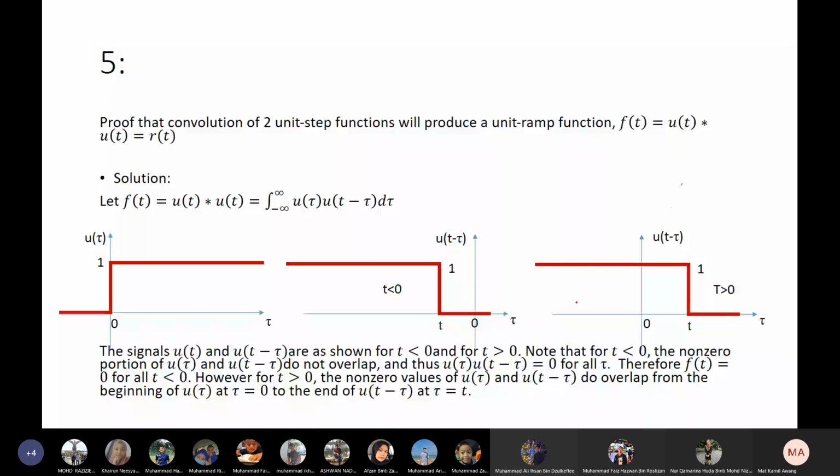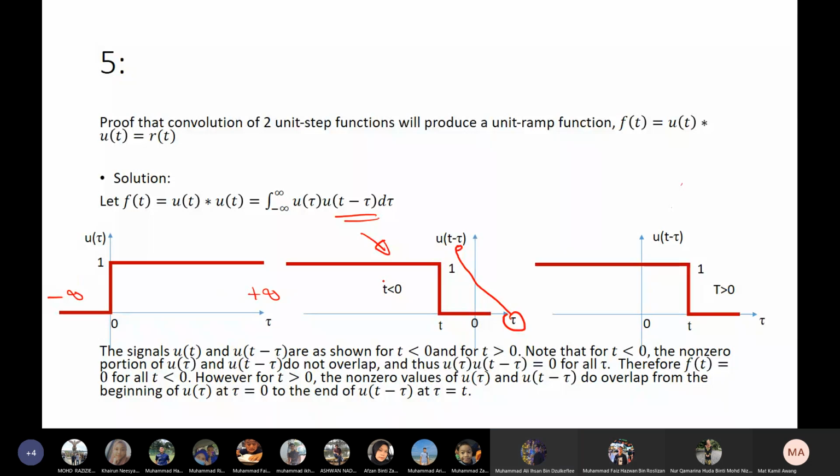Ini saya macam tadi. So that's why it's reversal. This is actually for this function. Memang dia kena ambil t lebih besar daripada kosong. Basically you have to do integration from minus infinity to infinity.